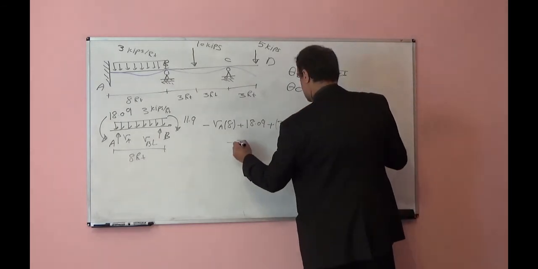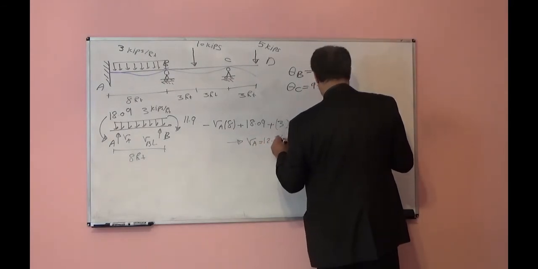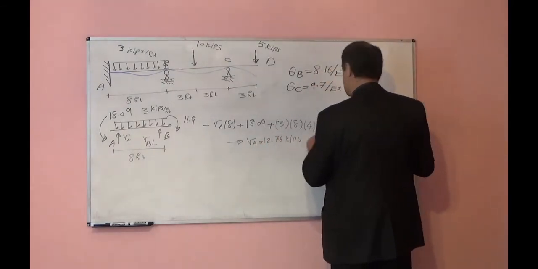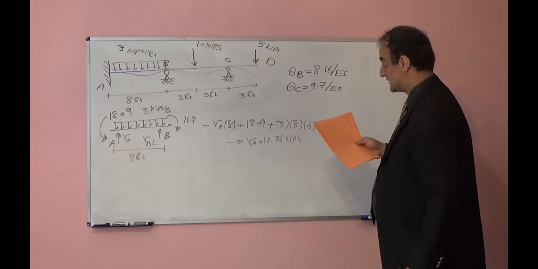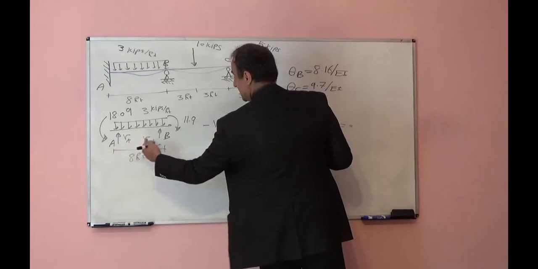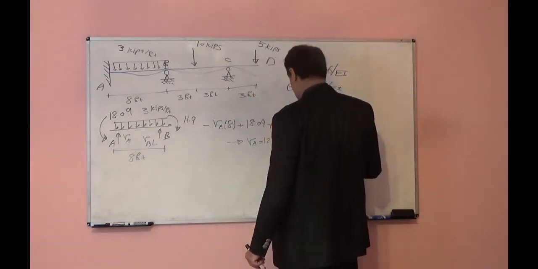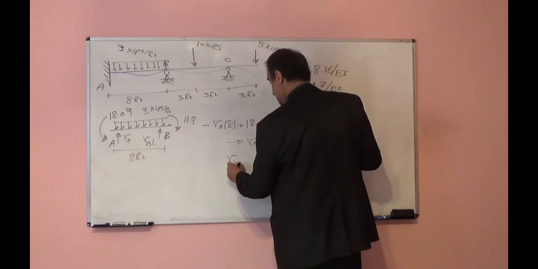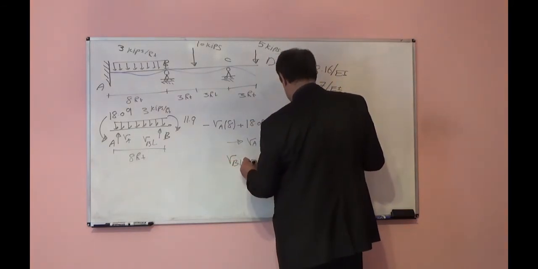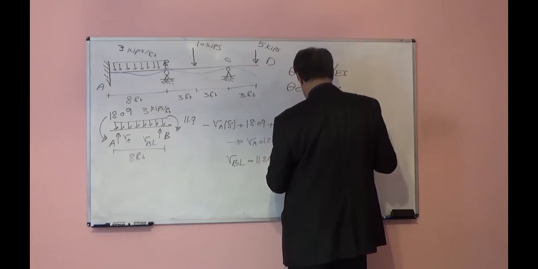From there I can write VA will be 12.76 kips. If you write summation of force in vertical direction equal to 0, VA plus VB left minus 3 times 8 is equal to 0, you will find VB left is equal to 11.24 kips.